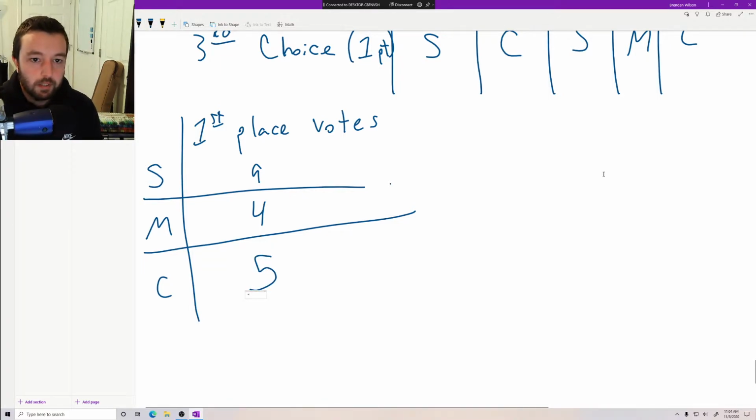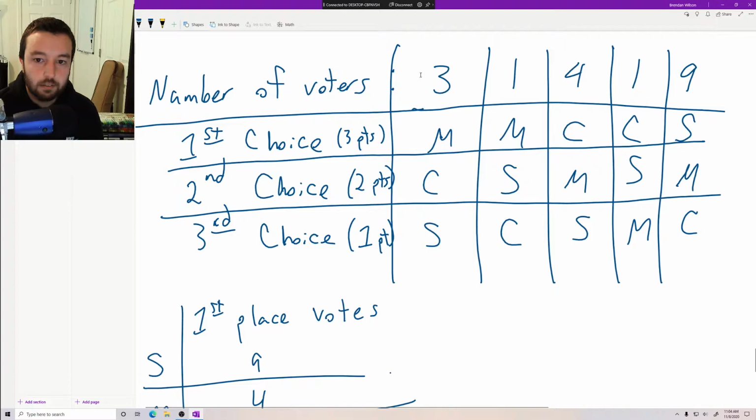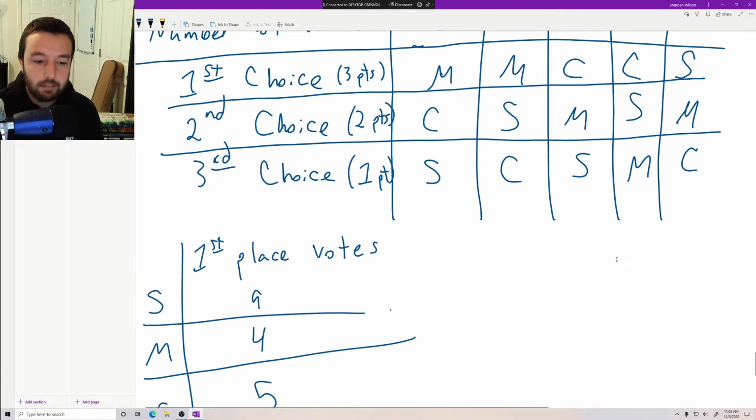So at this point you might think, okay, Snickers has the majority of the votes, because they have the most, but they don't actually have a majority. I guess they technically have exactly 50%. Is that right? There's 4, 5, so there's 18 votes total.